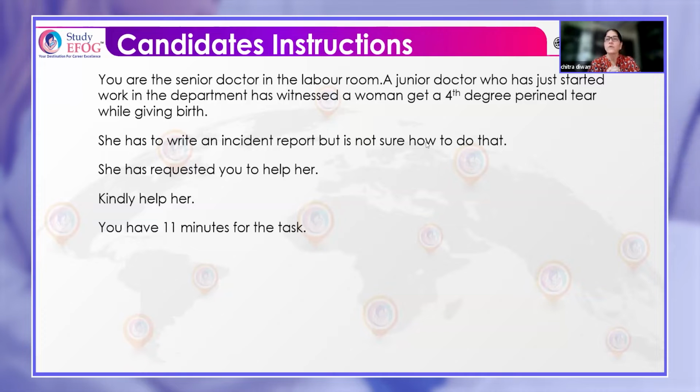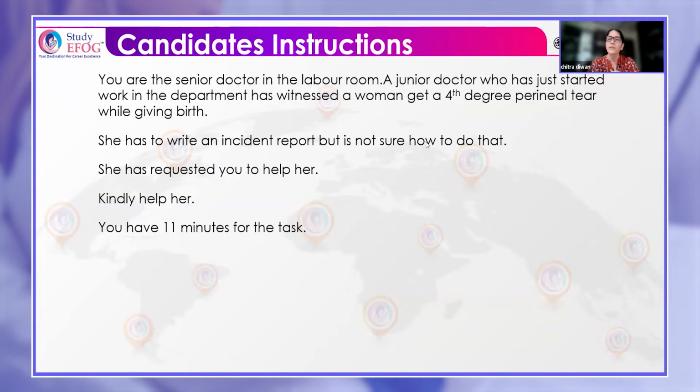Whenever you are making an incident report, it is basically because something wrong has taken place, and you want to report it so that there is a record of what has happened. So that if in future the patient or somebody wants to make a complaint, then there is a proper record of what has happened.